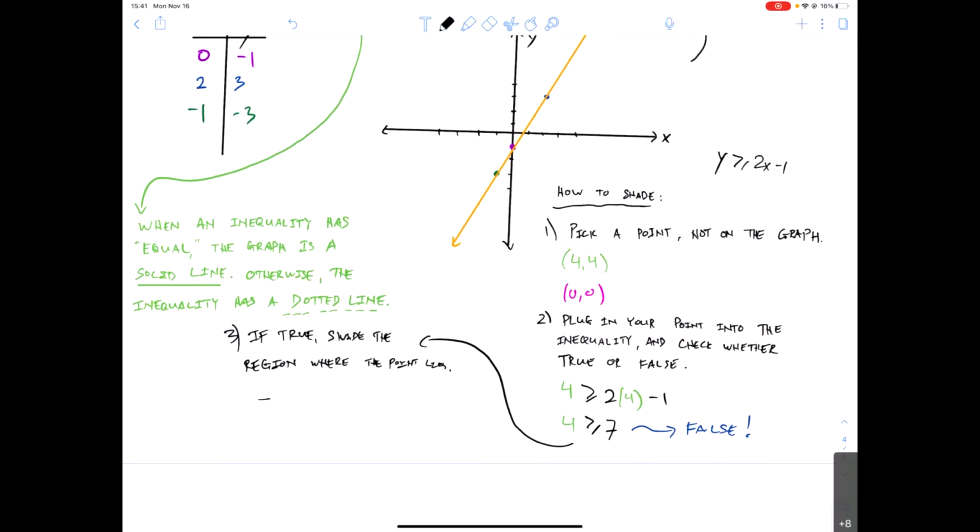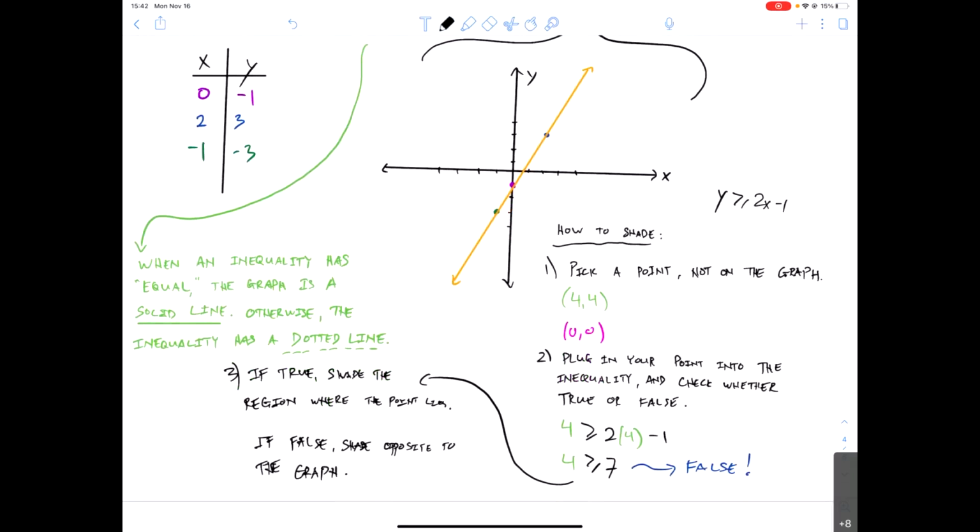If false, shade opposite to the graph. Is that how I said it? What did I say? False, shade the opposite side of the graph. Ah, yes, it is. Okay, so now we look for 4, 4, right?